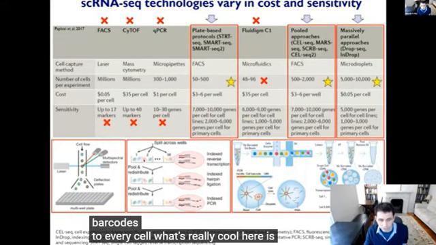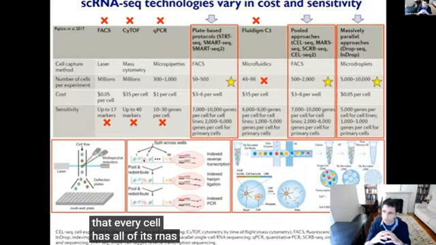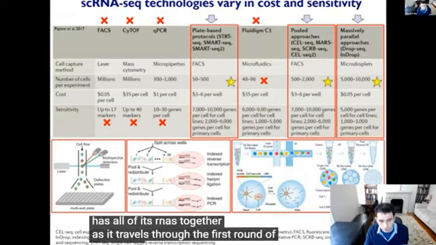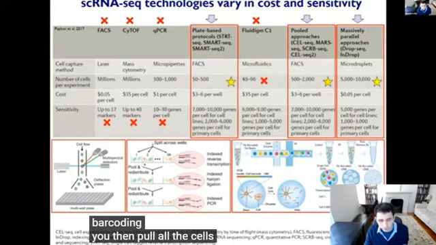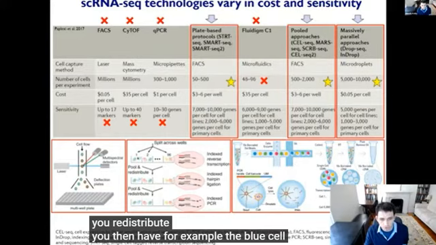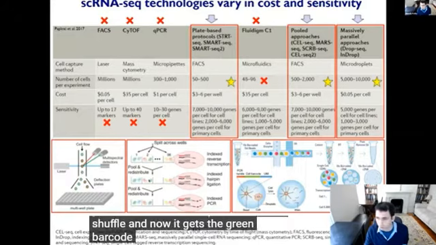What's really cool here is that every cell has all of its RNAs together as it travels through the first round of barcoding. You then pool all the cells together and you redistribute. You then have, for example, the blue cell shuffle, and now it gets the green barcode.